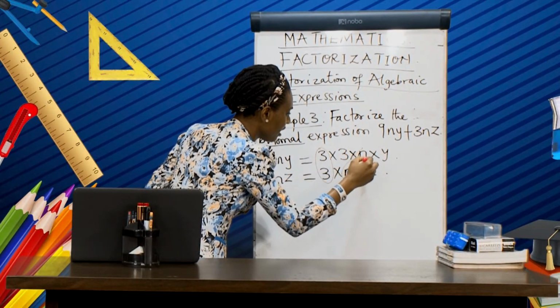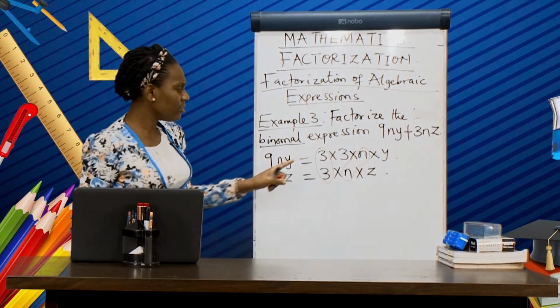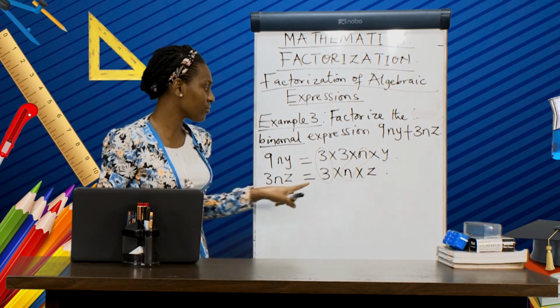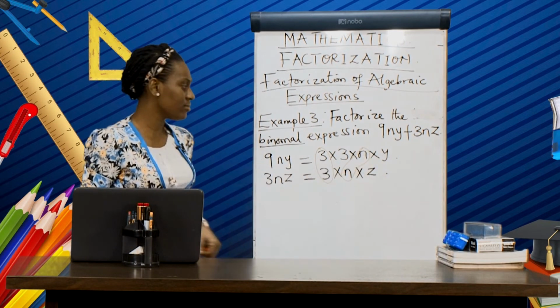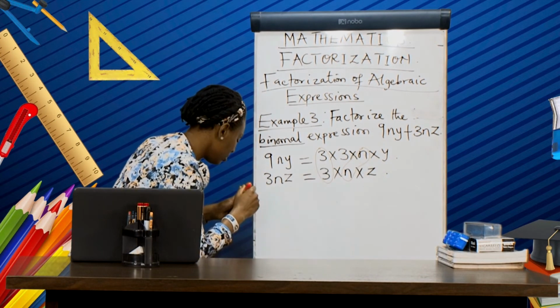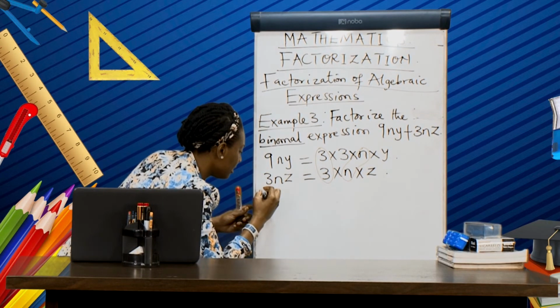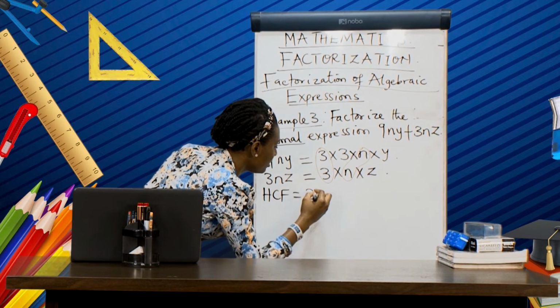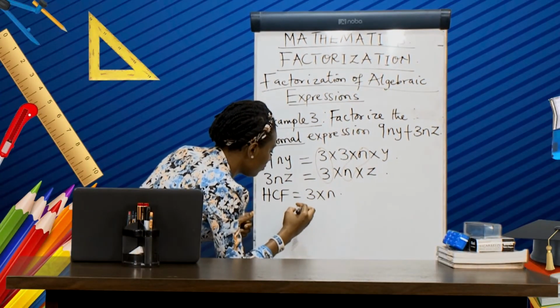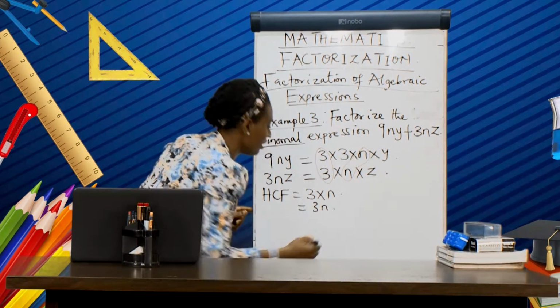So let's group the n together. Is there any other factor that is common? 3, there's no 3 here. Y, there's no y here, and z, there's no z there. So we can conclude and say that our HCF is equal to 3 times n, which gives us 3n.